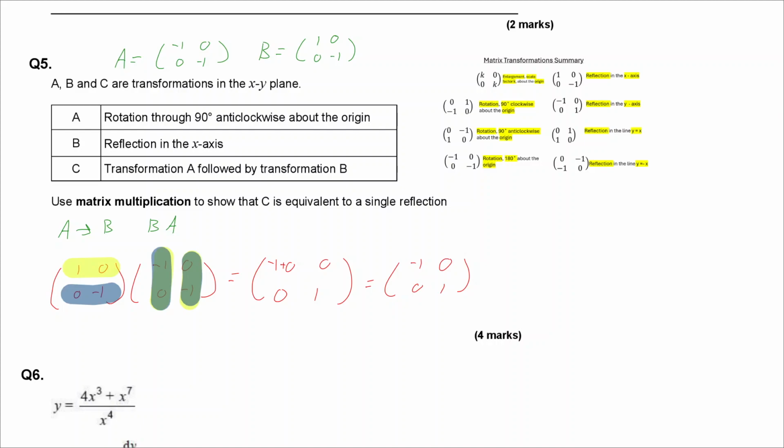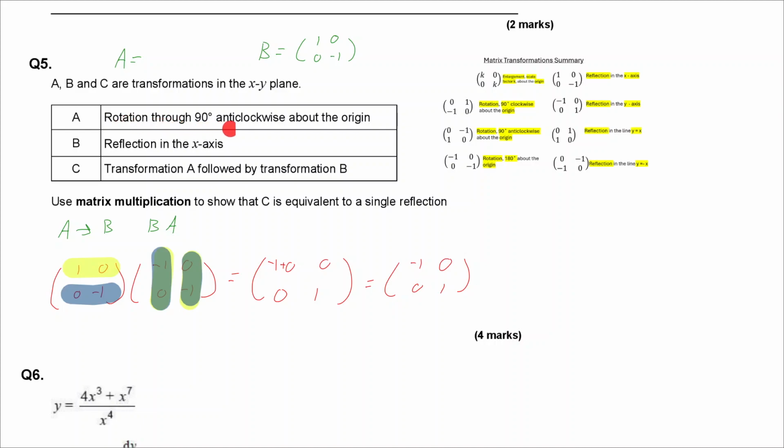Guys, I'm really sorry, looking at this, there's a mistake here. I've written down A wrong. A rotation of 90 degrees anti-clockwise, apologies guys, is this one here. I've written the wrong one.